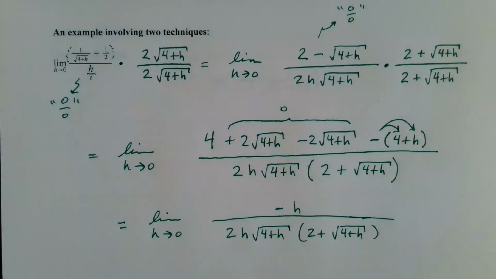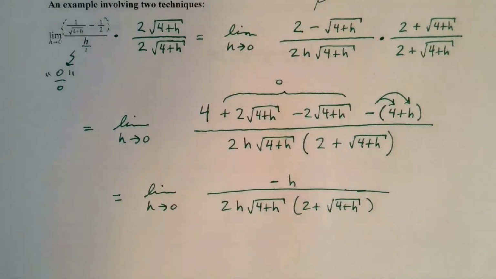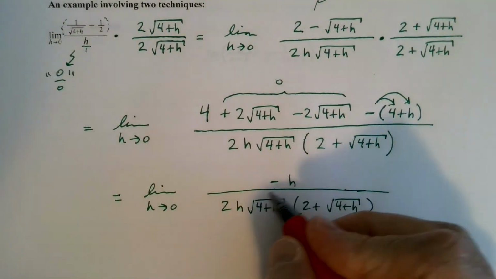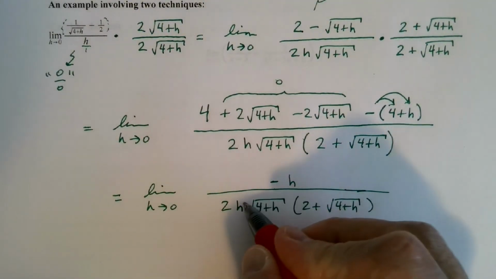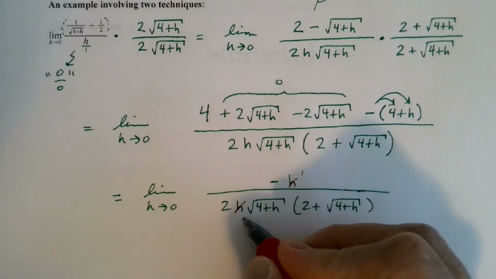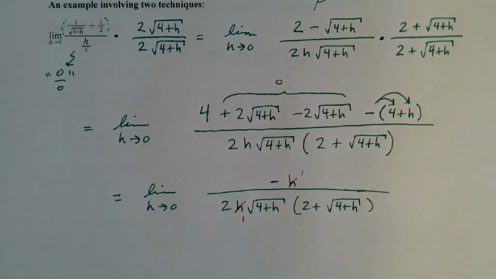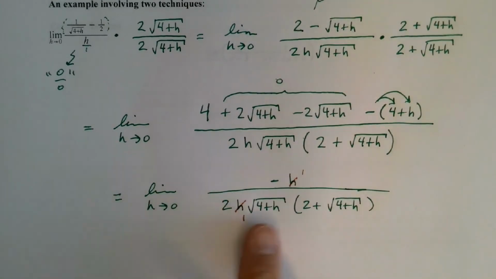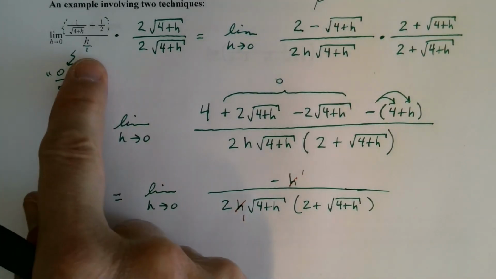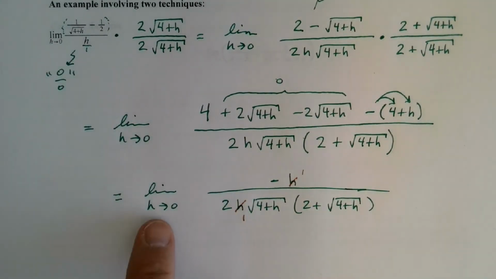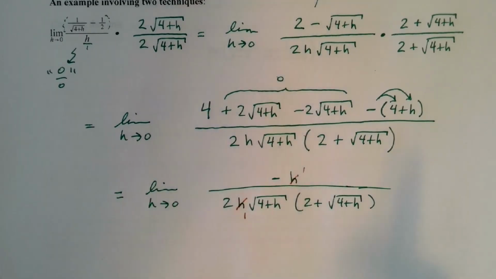Okay. A lot of writing going on there, I know. We can proceed now, because why? We've got this common factor of h, right? h over h is 1. And the function that I'm left with now is identical to our original function for all values of h except h equals 0, but this one is continuous at h equals 0.